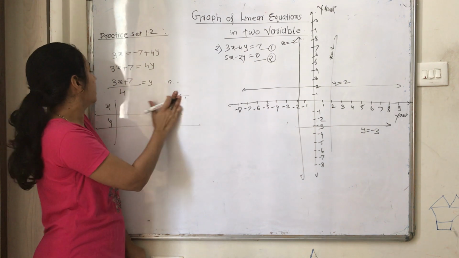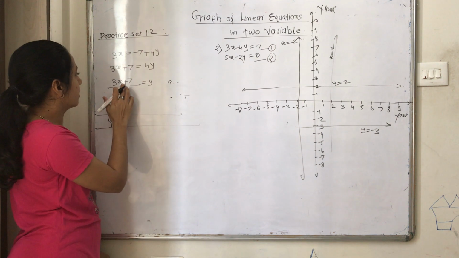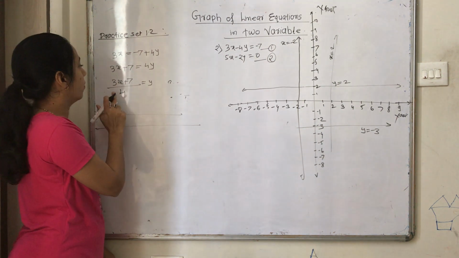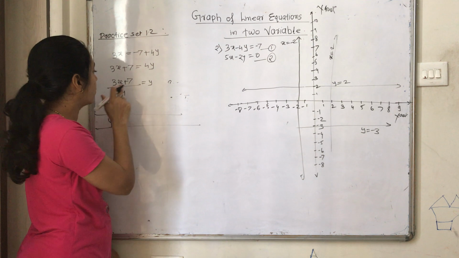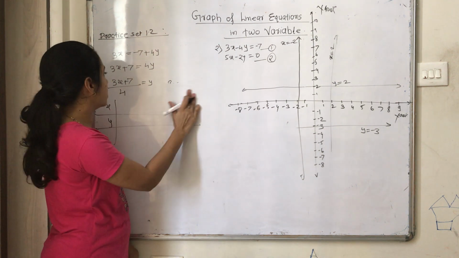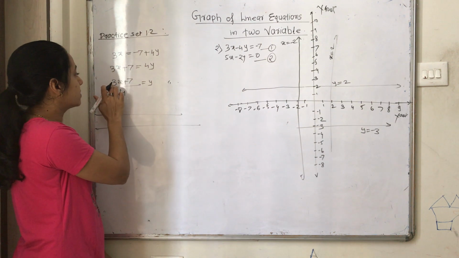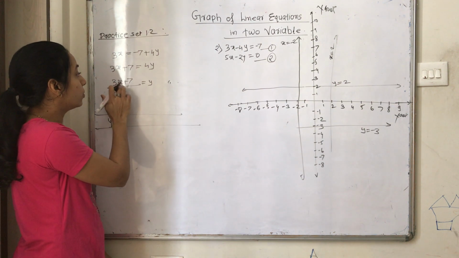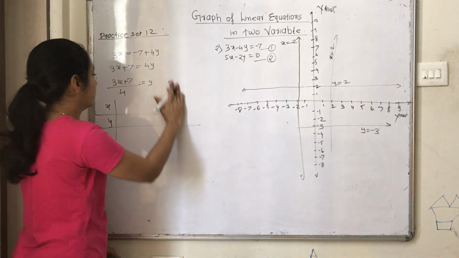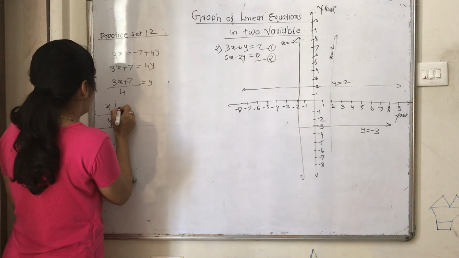Now if I take, see, here 7 minus 3 is 4. 4 divided by 4, I will get 1. So to get 4, I have to subtract this 3, which means I have to take the value of x as minus 1.